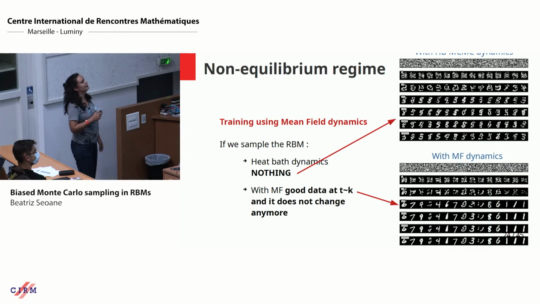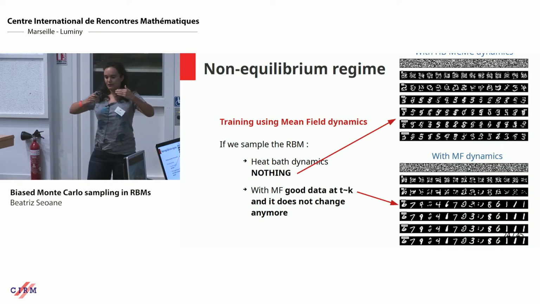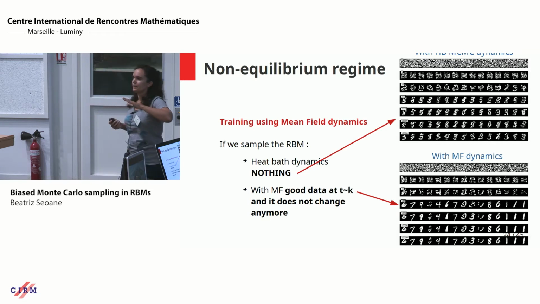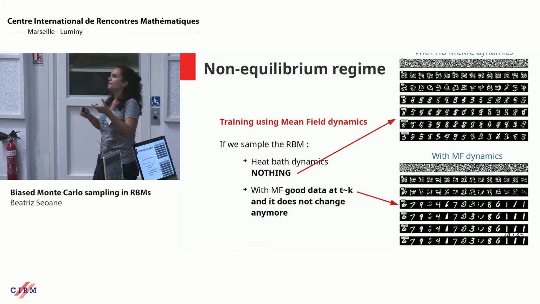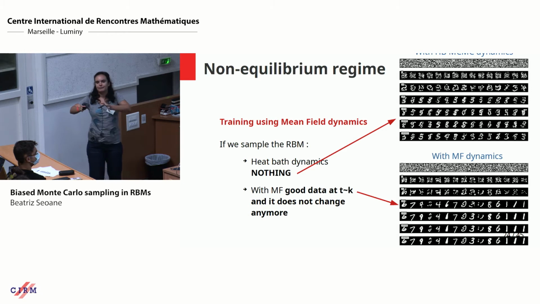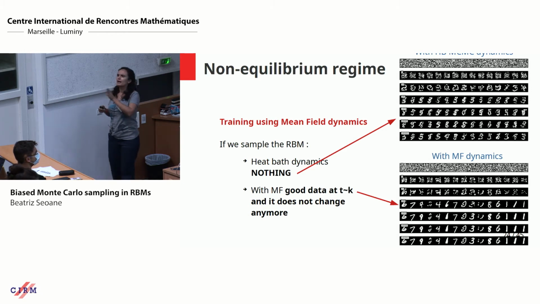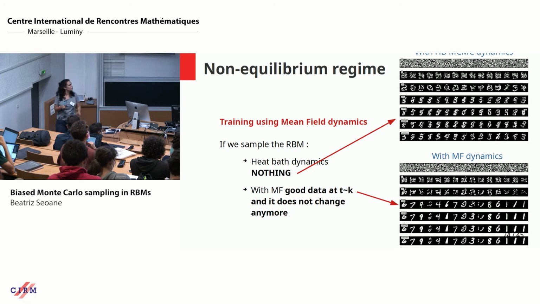I spoke about changing the initial conditions, but we can also change the dynamics. We can train a machine using mean field steps, and later we have the machine which was trained. Even this one, I think it was done with 100 steps, so we did much longer trainings than usual.